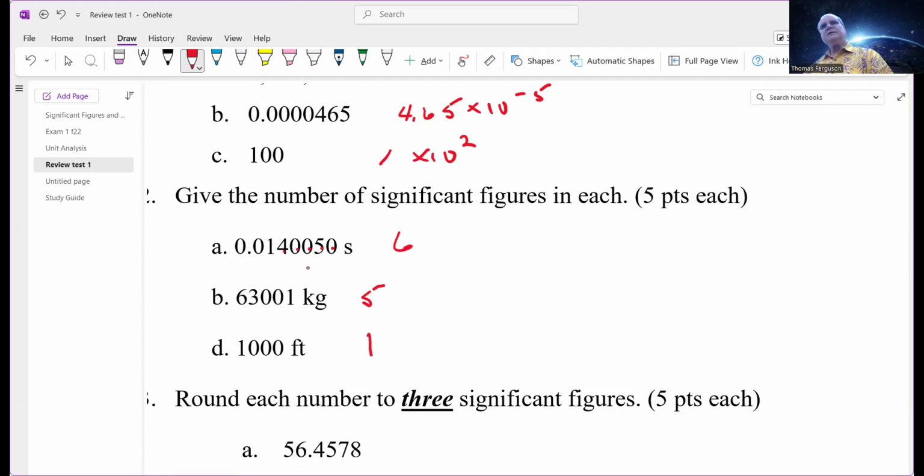Put infinite on which one? Like conversion. No, if I ask for a conversion, that's a really good test question. Like 1 inch equals 2.54. What are the sig figs on that?